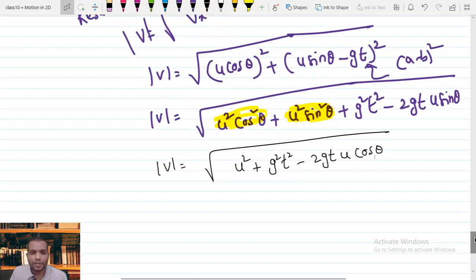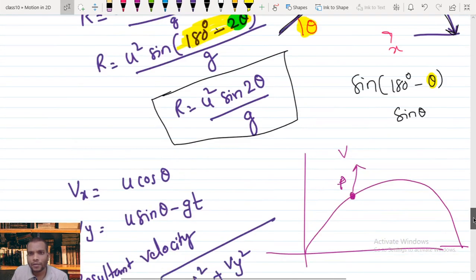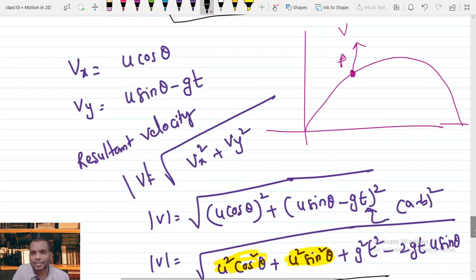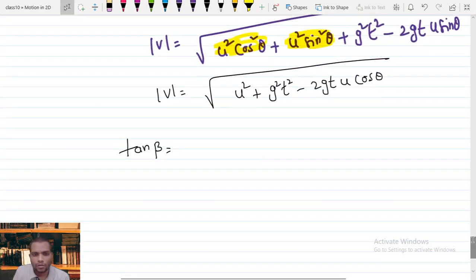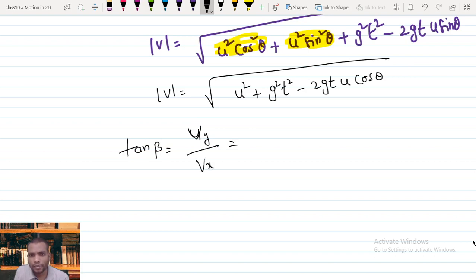What about the direction? For the direction, we need to calculate tan beta. Here beta equals the angle of the velocity vector with the x-axis. So this is what we call beta. Now that angle at that location changes, since it's a parabola. Now we need to divide the velocity y component by the velocity x component.